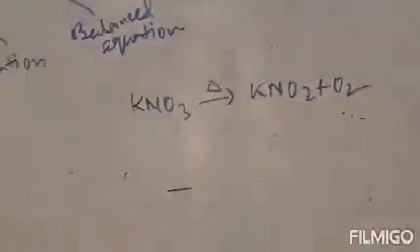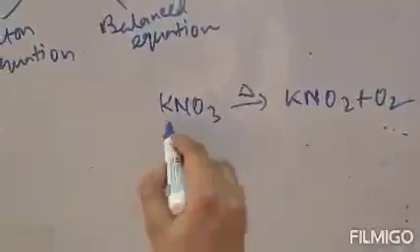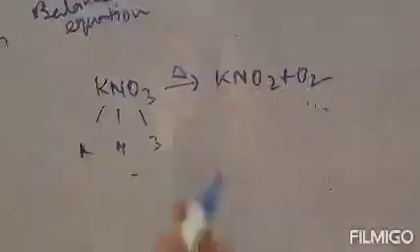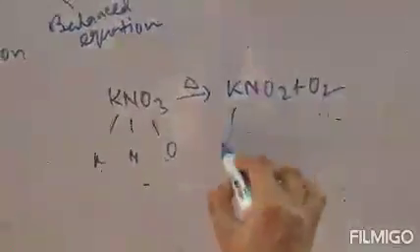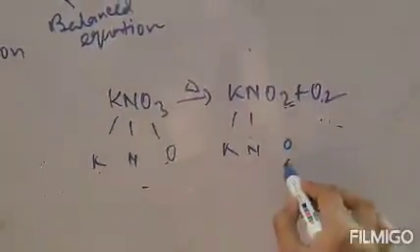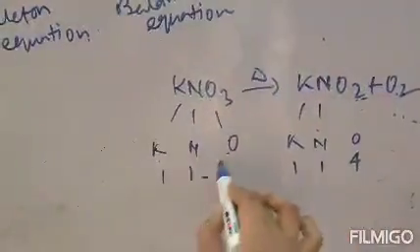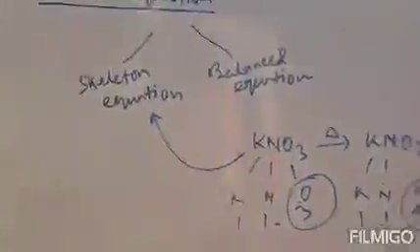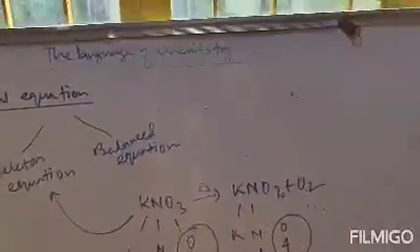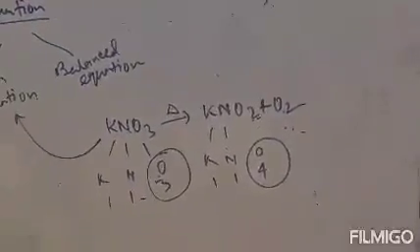So count the number of each atom on the reactant side: one potassium atom, one nitrogen atom and three oxygen atoms. On the product side: one potassium atom, one nitrogen atom, and oxygen is two twos, four oxygen atoms. Clearly the oxygen atom differs. That means it is a skeleton equation. So a skeleton equation is one where the number of atoms on the reactant side and the product side is not equal. This is your skeleton equation.